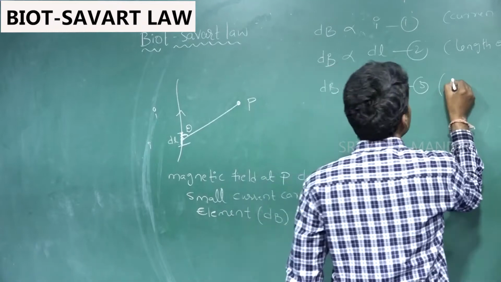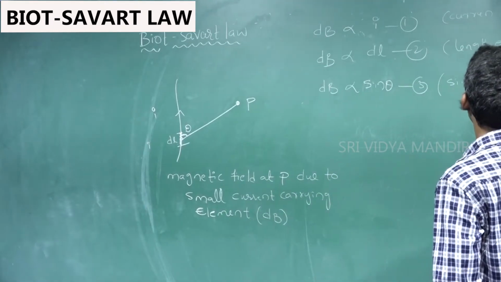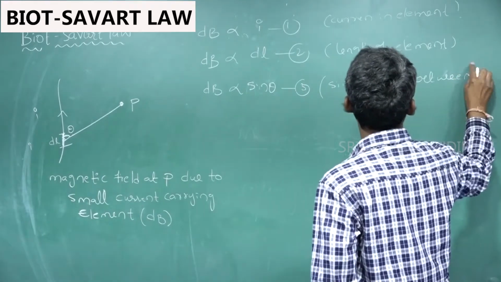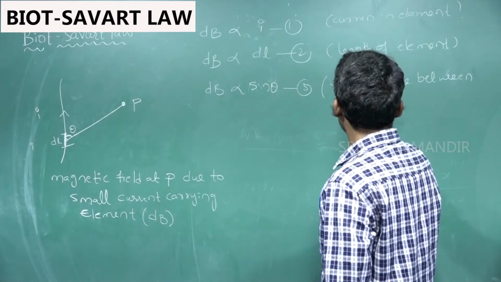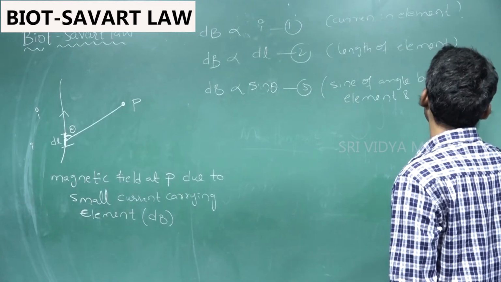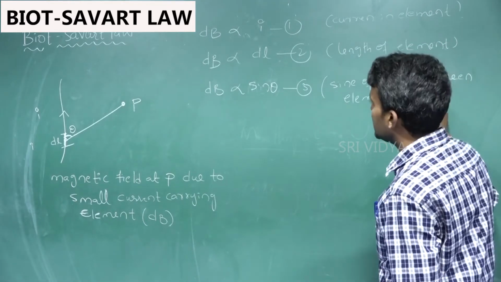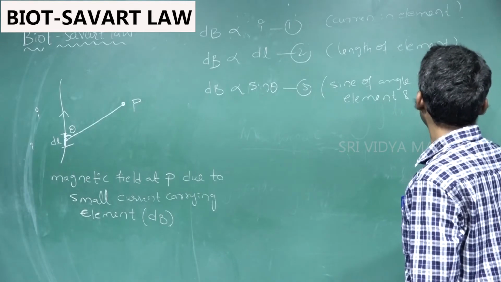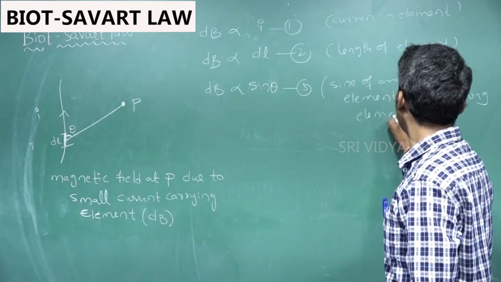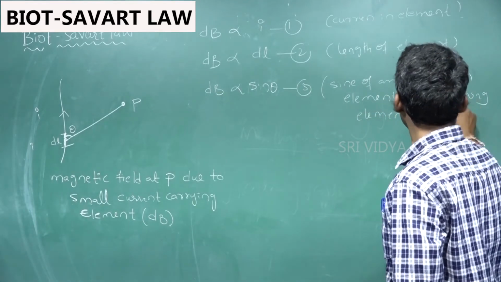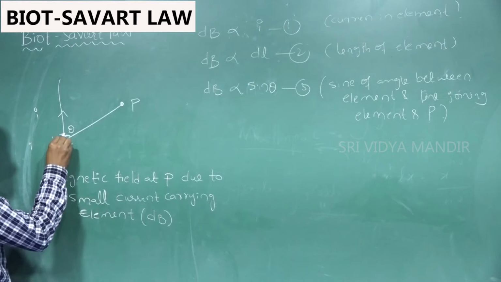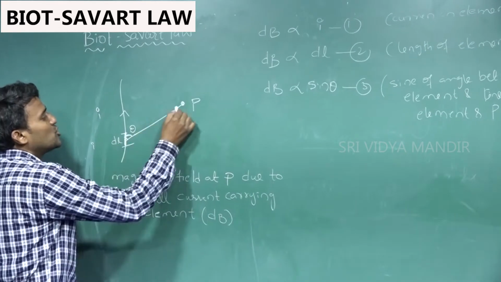It is the sine of the angle between the length of the element and the position vector.